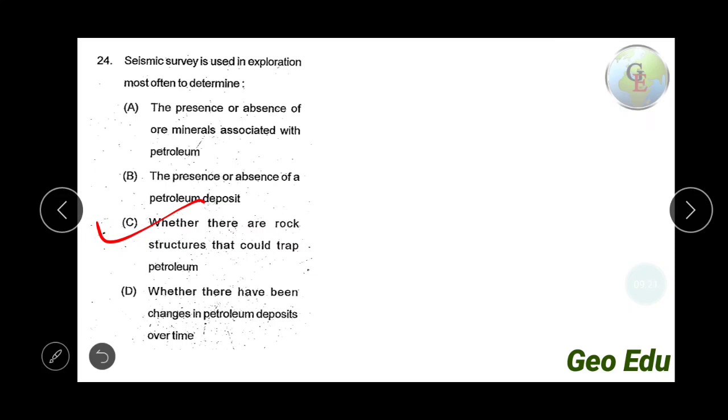So we can map the underground surface through the seismic method, and map whether there is a fault or a folded rock. These types of structures we can infer from the seismic method, and this type of structure also gives a suitable trap for petroleum. So option C will be the answer.